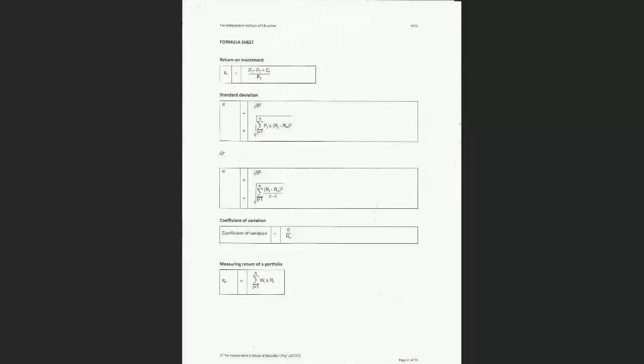I just want to put on screen while we're busy with this, the actual formula sheet. And I'm going to remind you guys again right at the beginning here, please, for goodness sake, when you are doing your revision, you must print out yourselves a copy of this formula sheet.